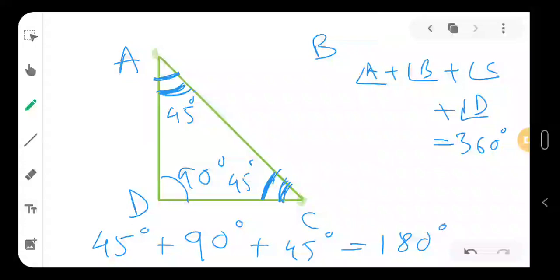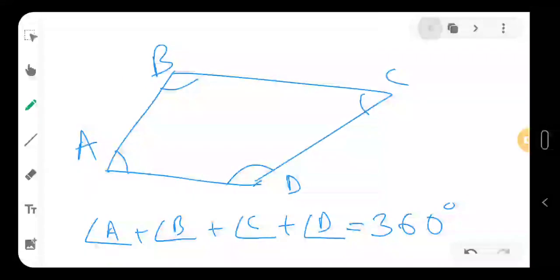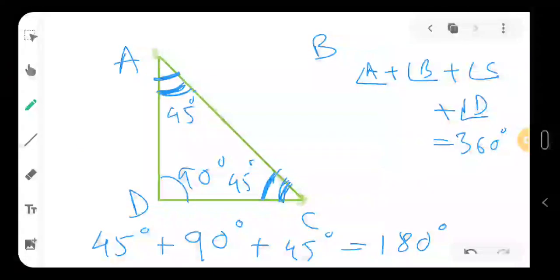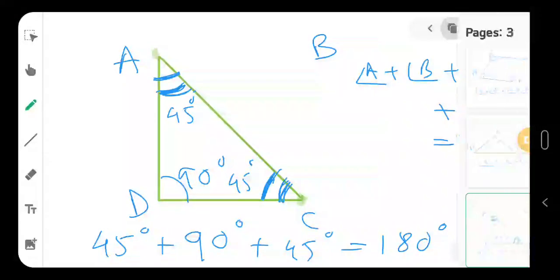So that's why it is matching with our previous assumption, right? Previously it was 360, but whenever we fold the paper in such a way that the square has become a triangle, the sum of the angles has become 180 degrees. Okay, so this is a practical situation.